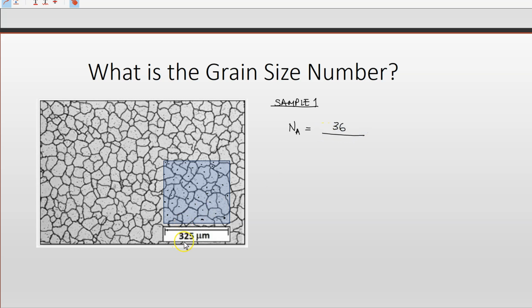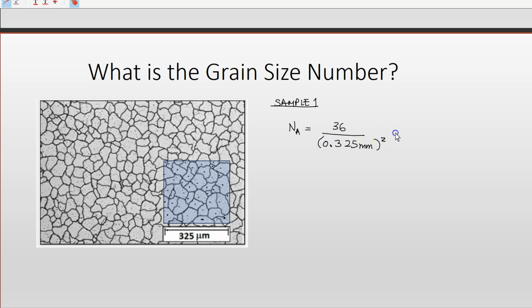This is 325 micrometers. There's 1,000 micrometers in a millimeter. So this length is 0.325 millimeters.